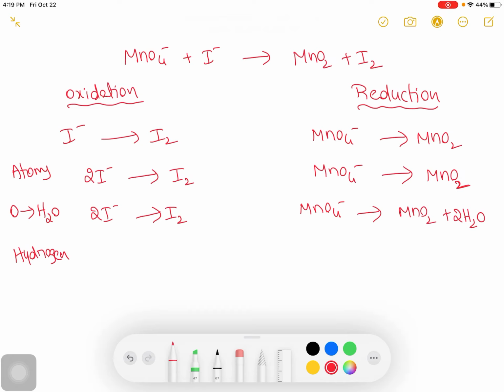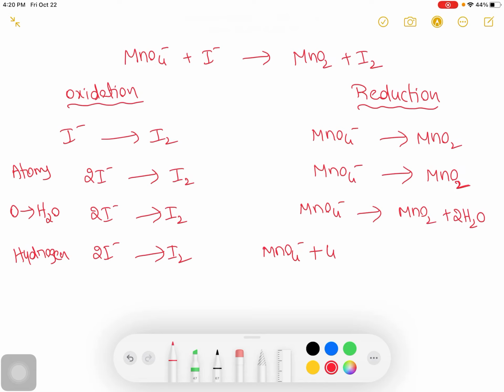In basic medium, if you take oxidation there is no hydrogen, so simply you can write the equation as it is because there are no hydrogens to balance. In reduction side, MnO4 minus, left side no hydrogens, right side MnO2 no hydrogens, 2H2O, total 4 hydrogens are present. So if it is acidic medium, we can add 4H plus.